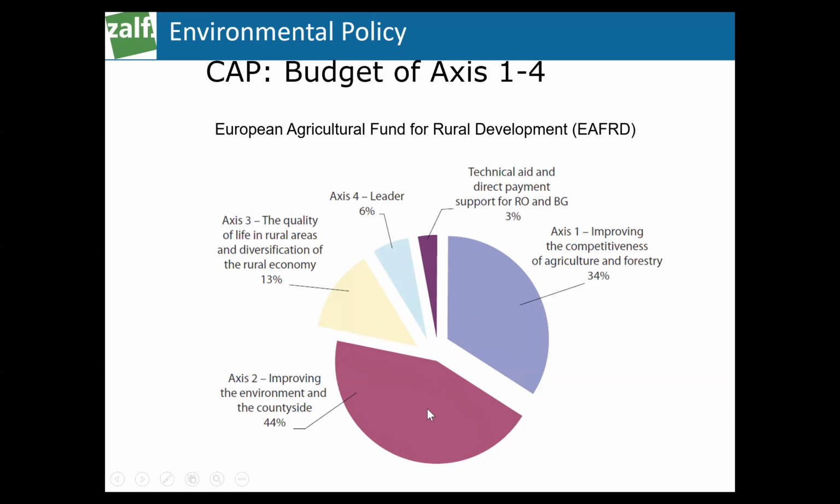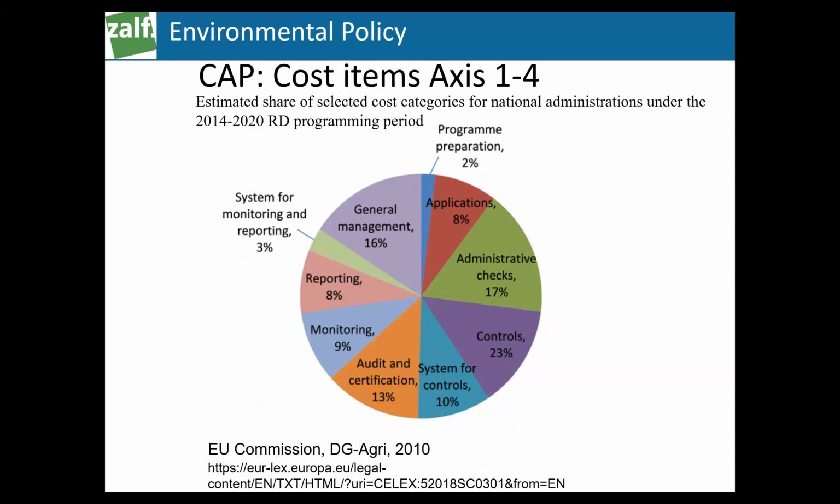And here can be contradictory objectives, and it can be objectives that are conflicting with the direct support. That means this coherence of all those goals is not always given.